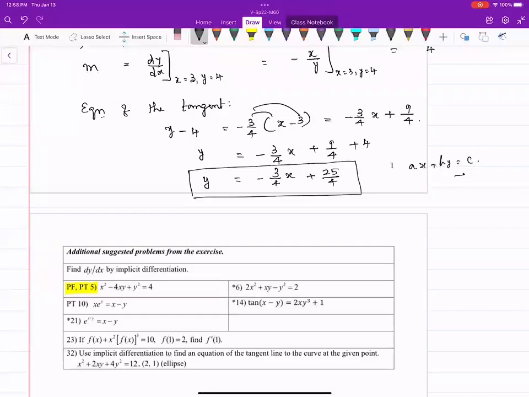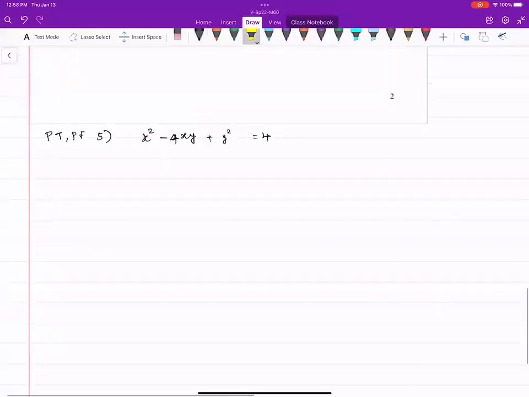The problem tells us to find dy by dx by implicit differentiation. Also we notice that both x and y are on the same side. That tells us that the function is implicit.